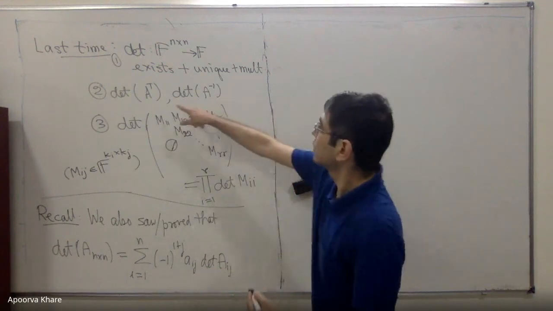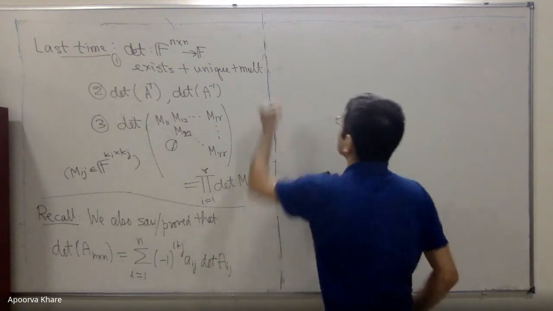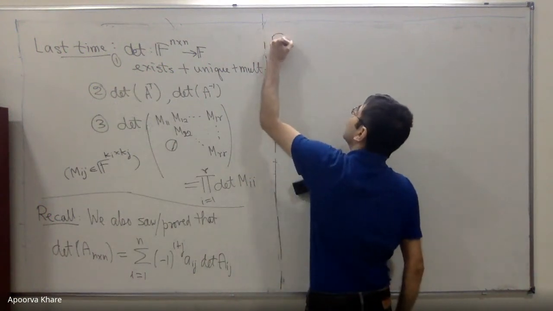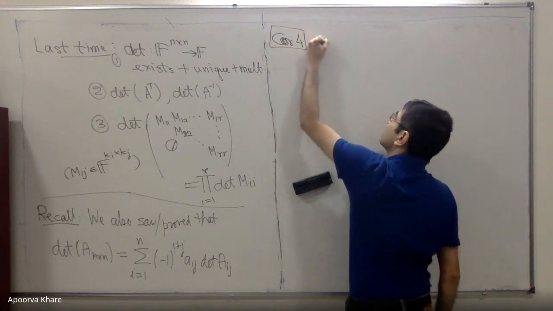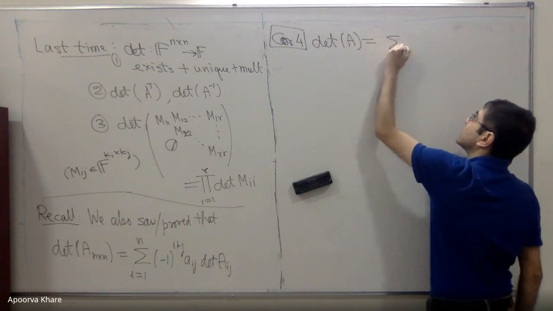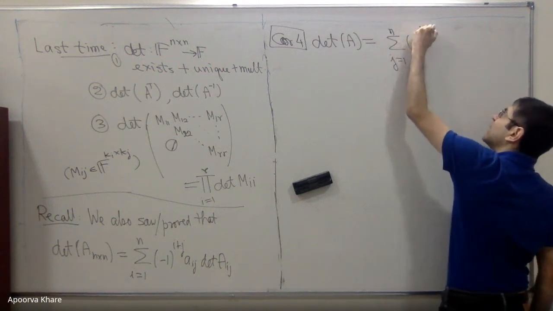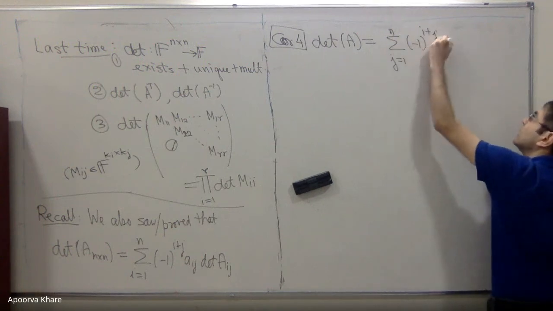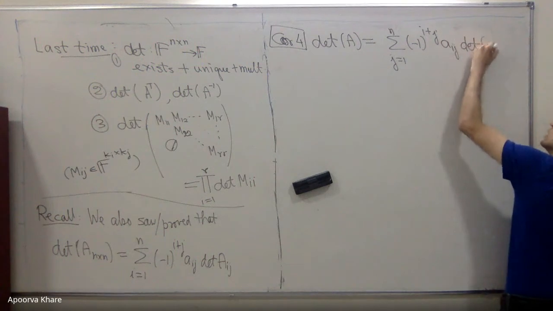But now, because we know the transpose, we can talk of the row expansion, right? So corollary 4: the determinant of A is also equal to summation j goes from 1 to n, negative 1 to the i plus j, Aij, the determinant of Aij.